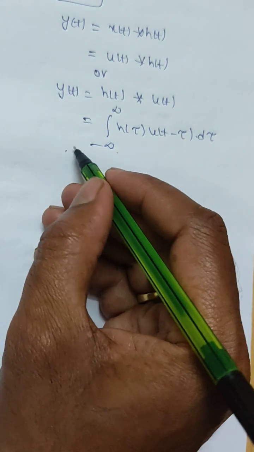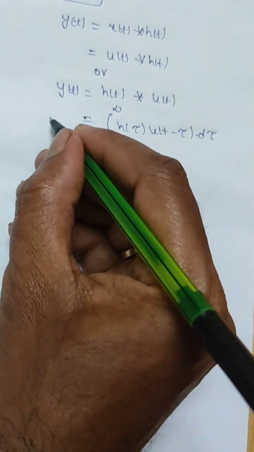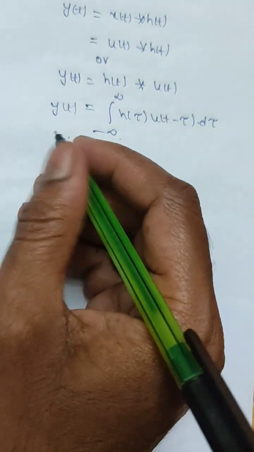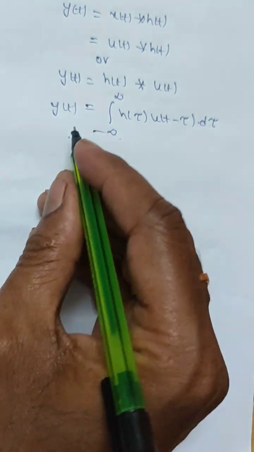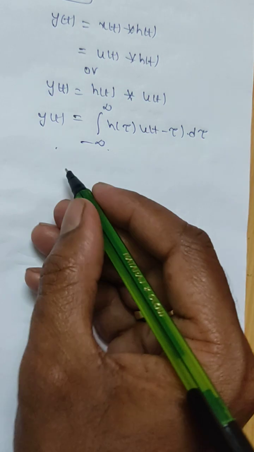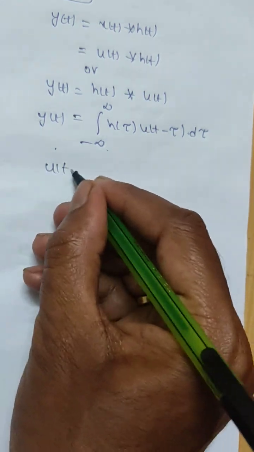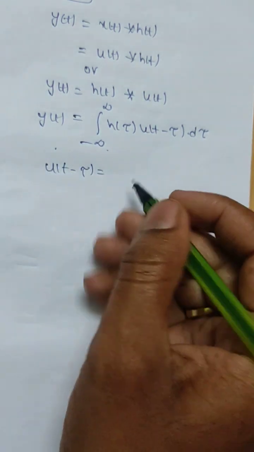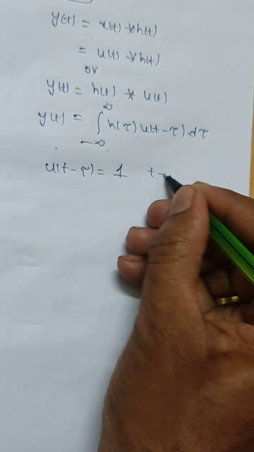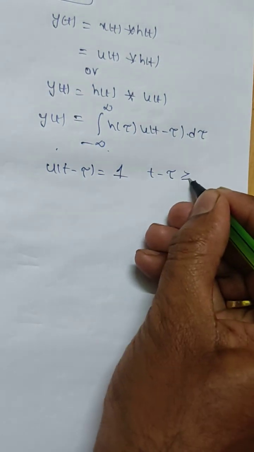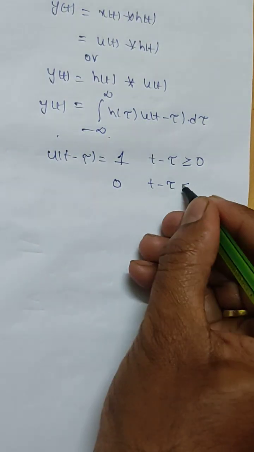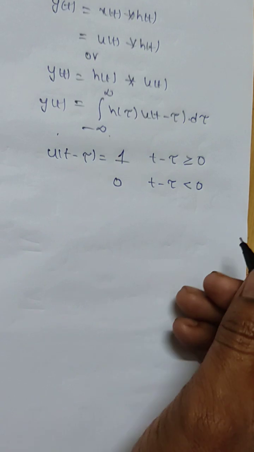This is from the convolution integral that we already discussed in the class. You already know that u of t minus tau is equal to 1 when t minus tau is greater than or equal to 0, and equal to 0 when t minus tau is less than 0.